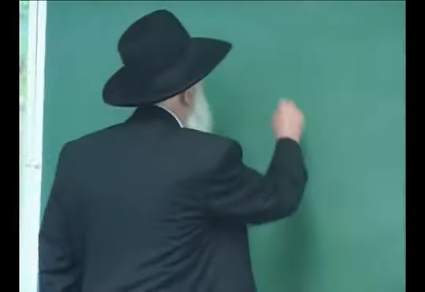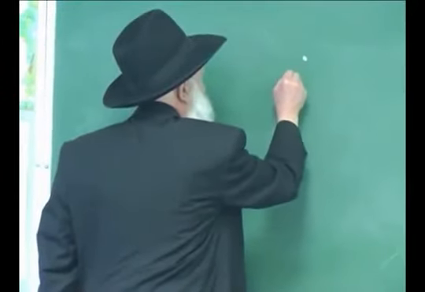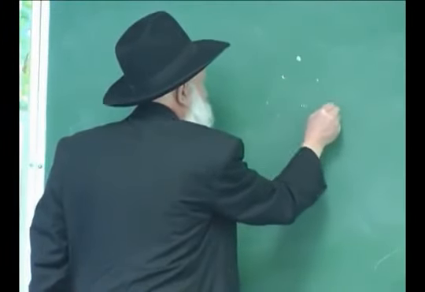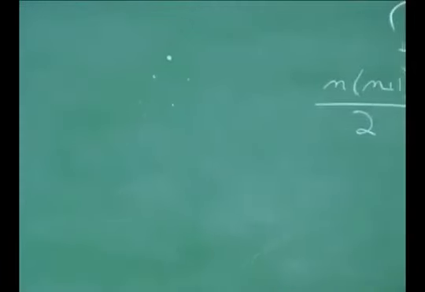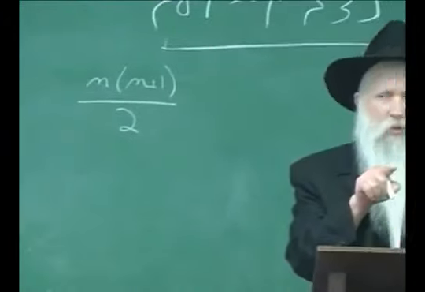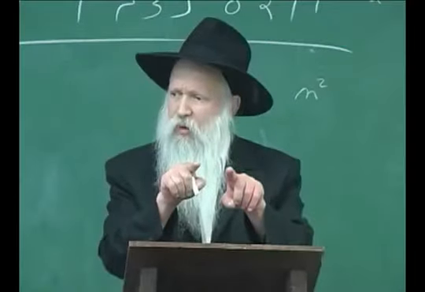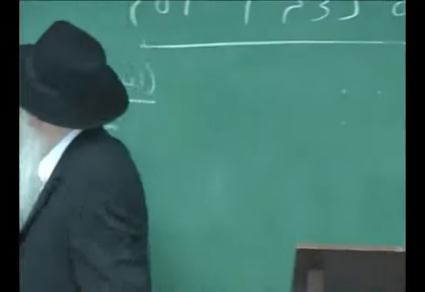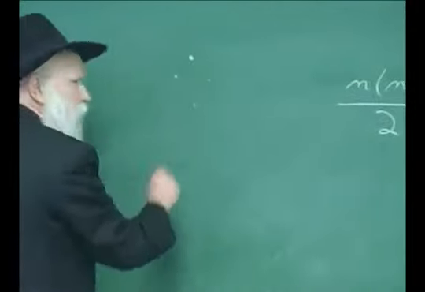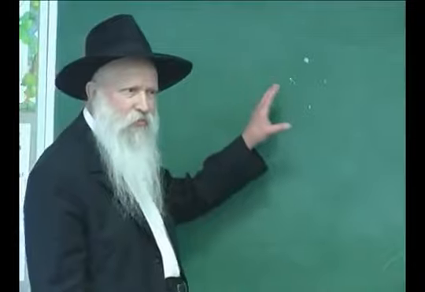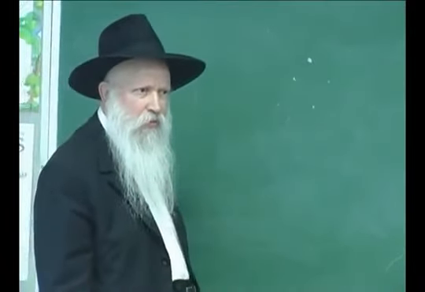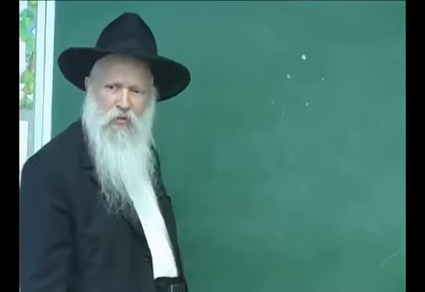How is 6 the triangle of 3? Just think of dots. If I have a triangle where each side is 3 dots, it means 1 plus 2 plus 3 is 6. There are 6 dots here, right? So 6 is called the triangle of 3. What about the triangle of 4?